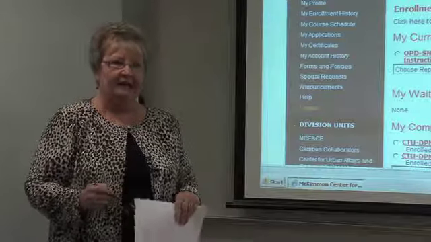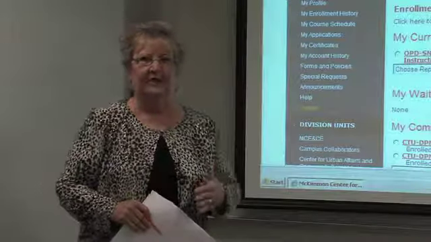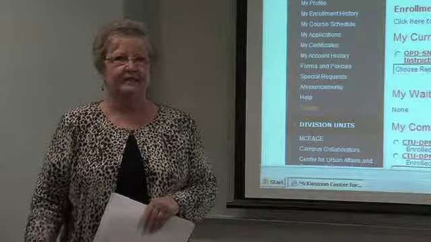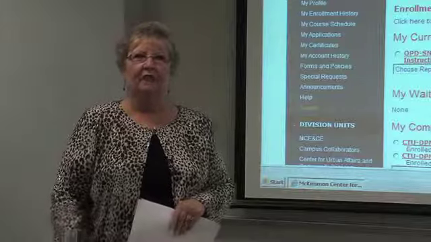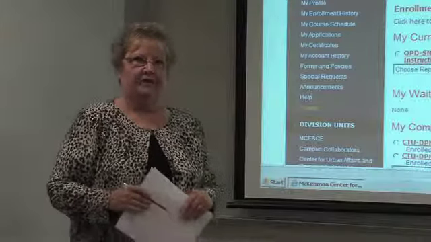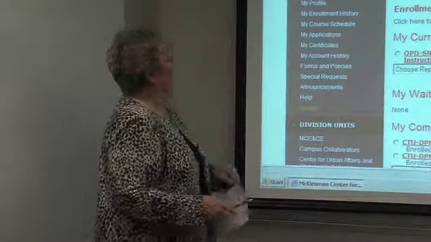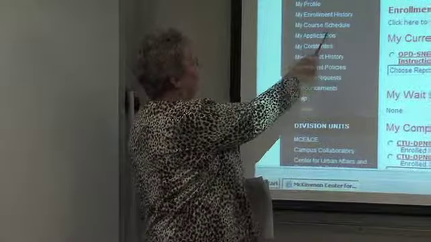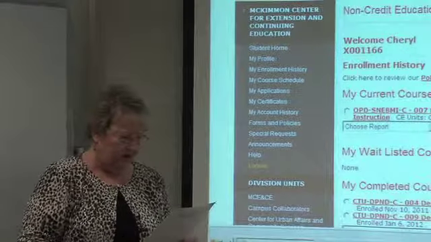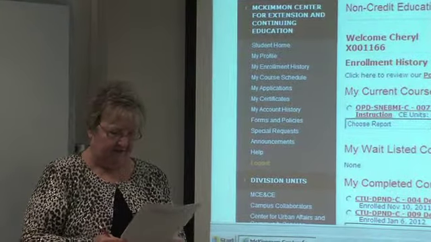And we have to have your employer, and that could be your community college, that's your agency, whoever you work for. We cannot give you credits if we don't have that information. In addition, your enrollment history, your account history, is going to go on till the end of time.